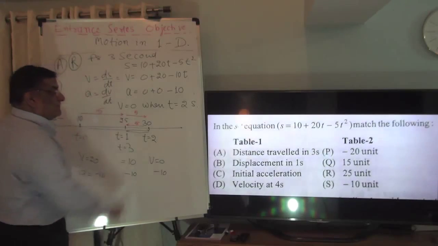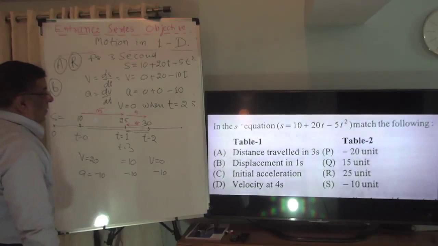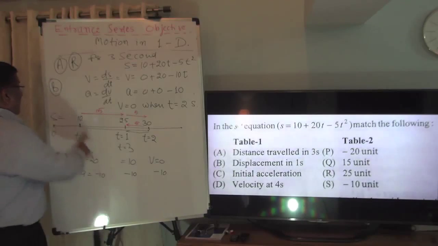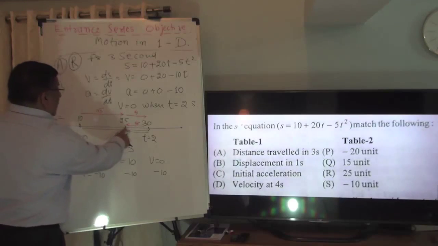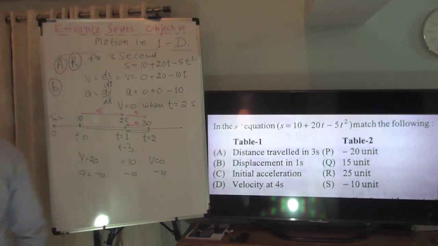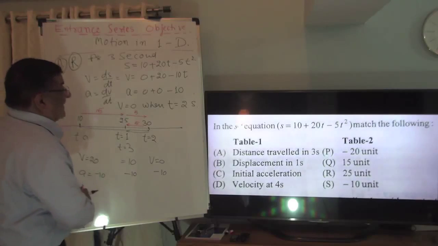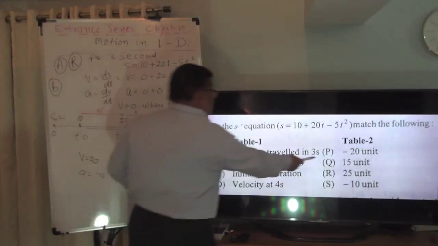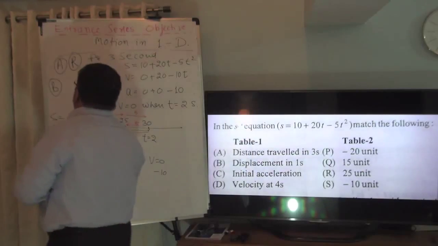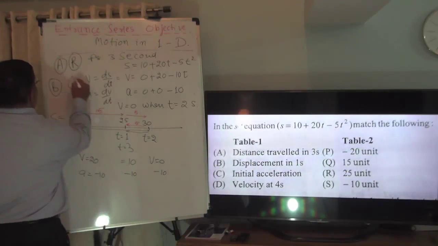Here is the particle. Okay, now when time was 0, it was here. When time is equal to 1, it is here. How much is the displacement? The answer is the displacement is 15. The displacement from this place to this place is 15. Do we have any answer 15? Yes, it is 15. So B matches with Q.